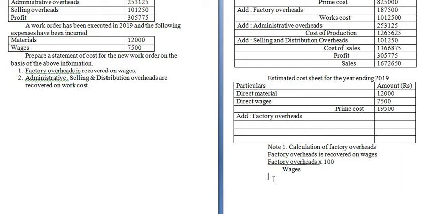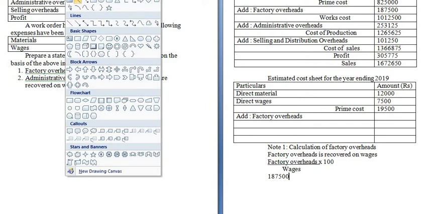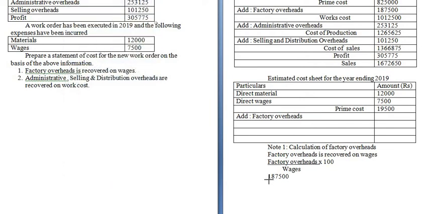Now factory overheads is how much? 1,87,500, see the 2018 cost sheet, divided by wages for 2018.